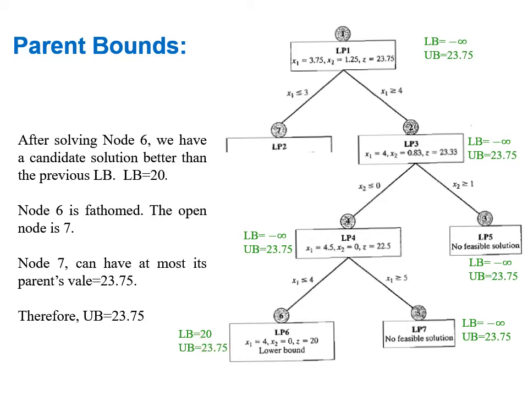So sometimes we may decide to stop at this point without exploring the remaining nodes. If we stop, we have an integer feasible solution, and we know that this integer feasible solution deviates from the best possible solution by this difference, 23.75 minus 20.